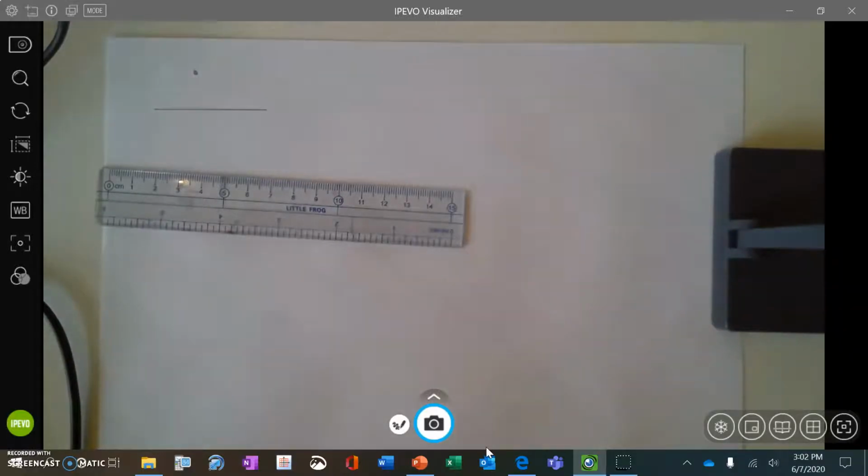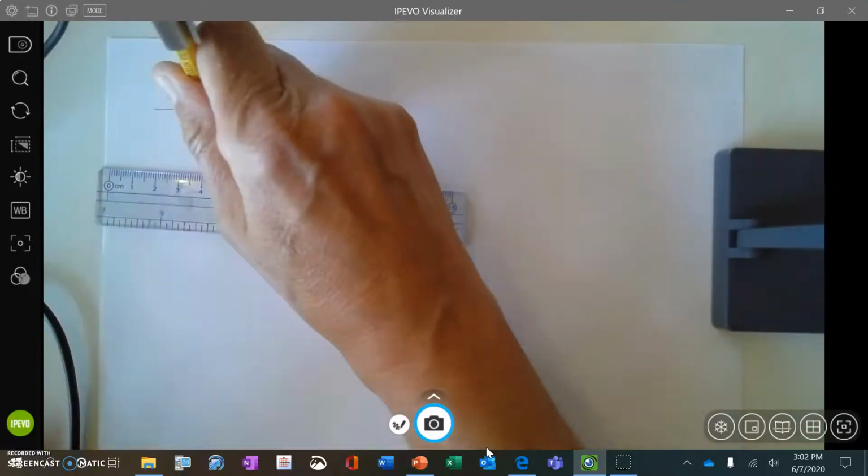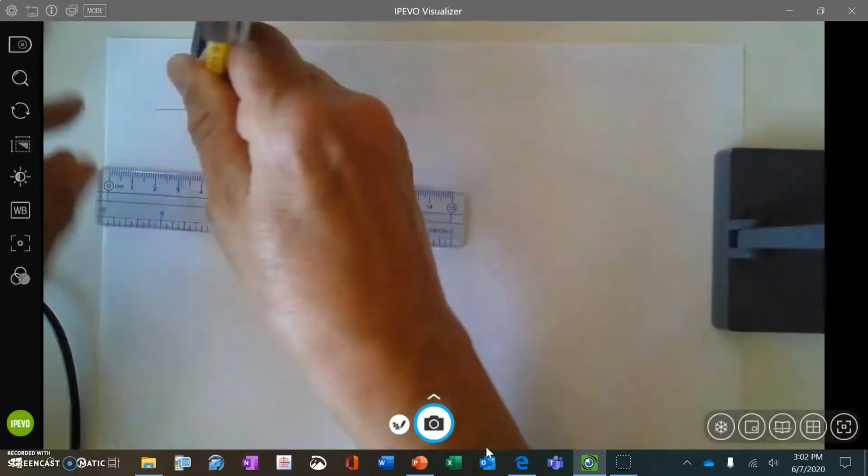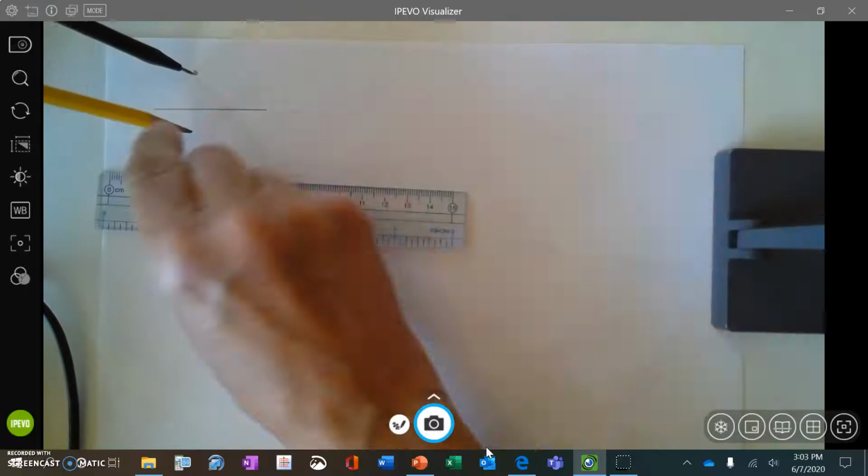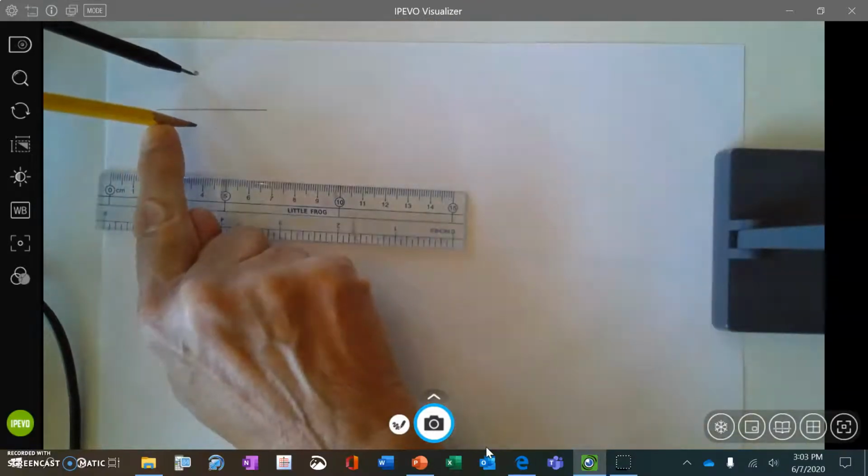Okay, there are steps that are shown on your class notes. And the first step says stab in at the given point, open your compass past the given line. So here's the point, and I'm going to open this up past the given line.